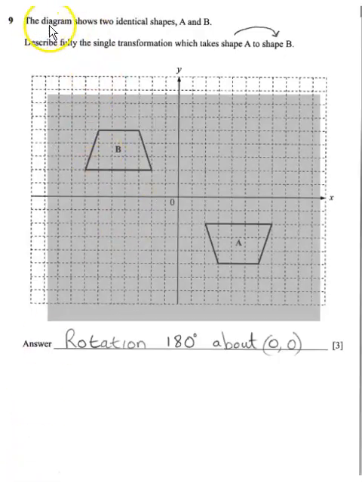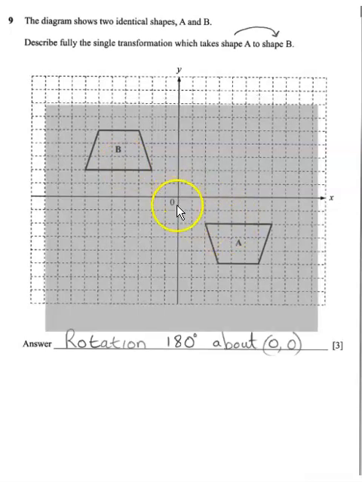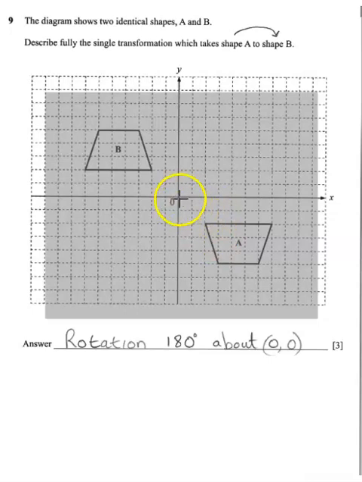Now for this one, the diagram shows two identical shapes A and B. Describe fully the single transformation which takes shape A to shape B. So it's moving shape A to shape B. You can use tracing paper for this: put a pencil down and draw A on your tracing paper and spin it around at 0, 0, and you'll find it will fit into B. If you mark it at 0, 0 and move the tracing paper, you'll find that A fits into B. That would be 180 degrees.